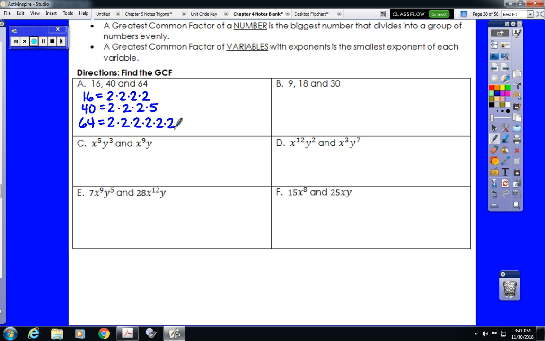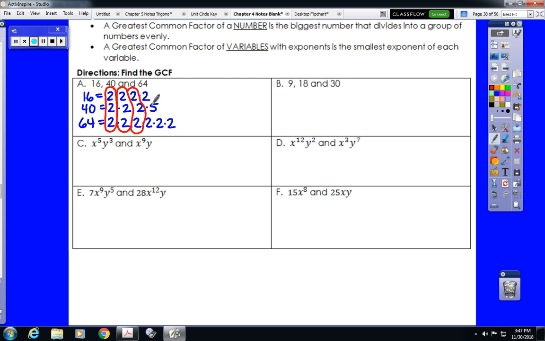6 sets of 2. Now when we want the greatest common factor, it's really the same process to find this or the least common multiple except for the final step. So what we need to do is go in here and figure out what they have in common. If you notice, each of these 3 lists contains a total of 3 2's. From that point forward, there aren't any more 2's we can take because 40 is out of 2's.